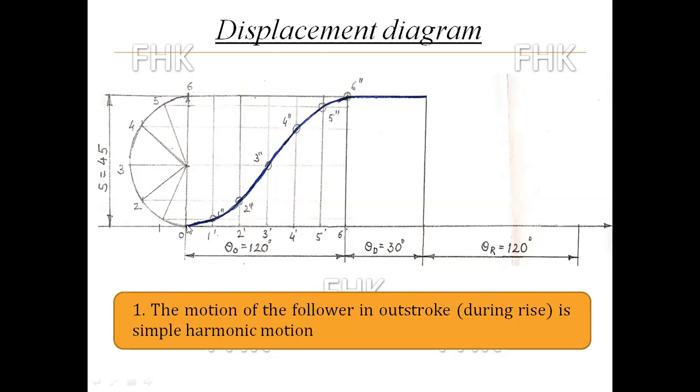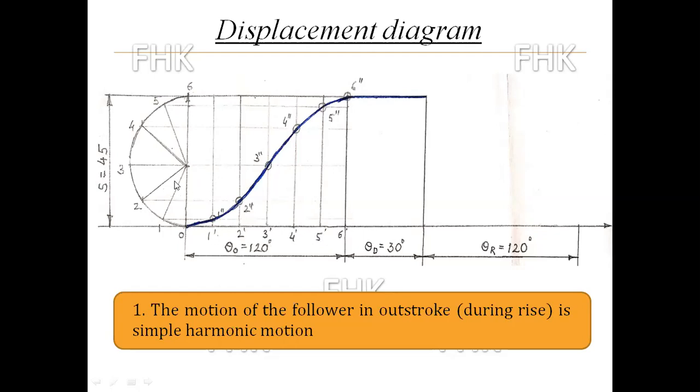At the same time, I will draw on the vertical axis the displacement, which is given as 45 mm. That 45 mm I will bisect and find the center of the half circle. By taking the center, I will draw the half circle, and that half circle I will divide into a number of equal parts, say 6, as I divide that horizontal line, that 120 degrees, into 6 equal parts.